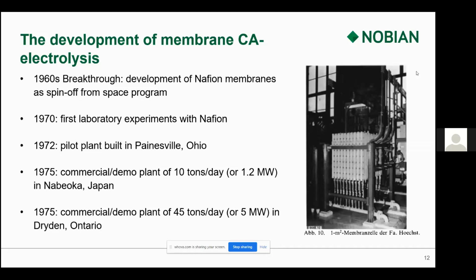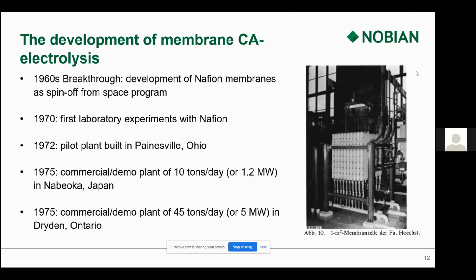So with chlorine and caustic and reasonably high temperatures, you need something that's really stable. And Nafion was basically the first membrane that proved itself to be stable. Now, you had a breakthrough, you had a strong regulatory driver, and then things can go relatively quick.